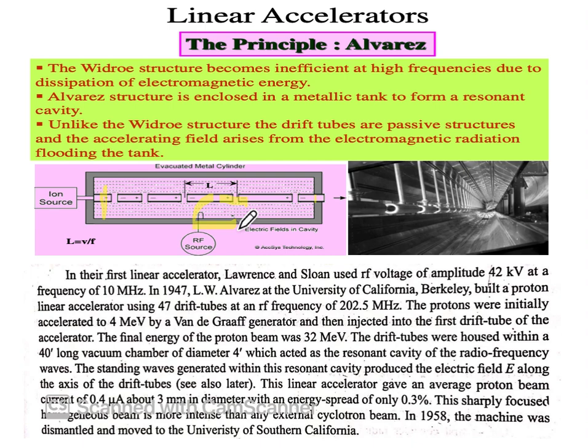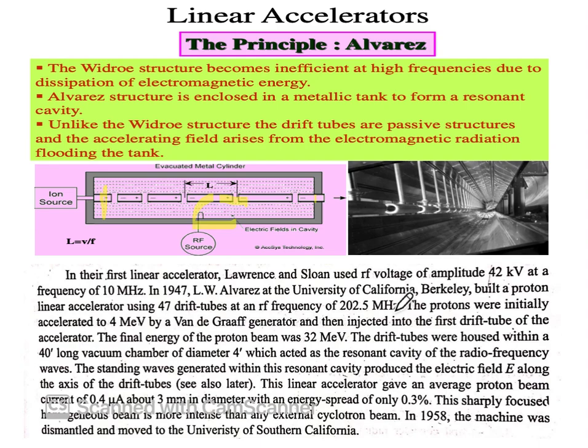So Alvarez produced 32 million electron volts, with protons initially injected from the Van de Graaff generator. So this is the working principle of Alvarez.